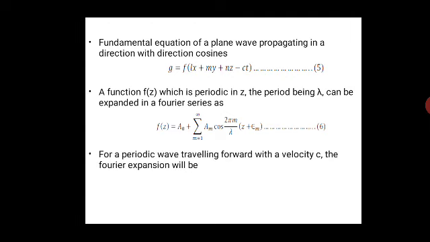That is the sixth equation. For a periodic wave traveling forward with a velocity c, the Fourier expansion will be f of (z minus ct) is equal to a naught plus summation of m is equal to 1 to infinity a m cos(2 pi m divided by lambda into (z minus ct) plus epsilon m).